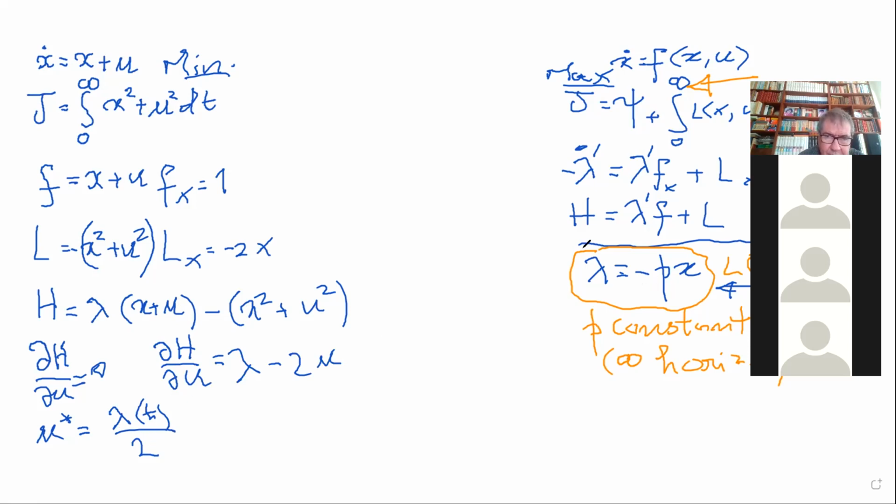Now, if you use this expression, then u becomes p divided by 2 times x. So at each time t, you just do a feedback, and this is the gain.